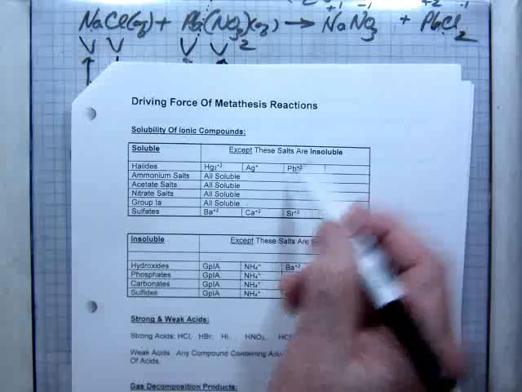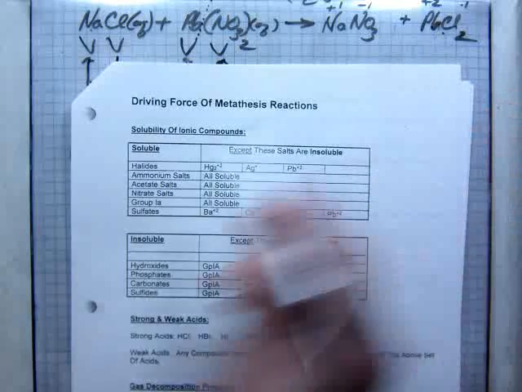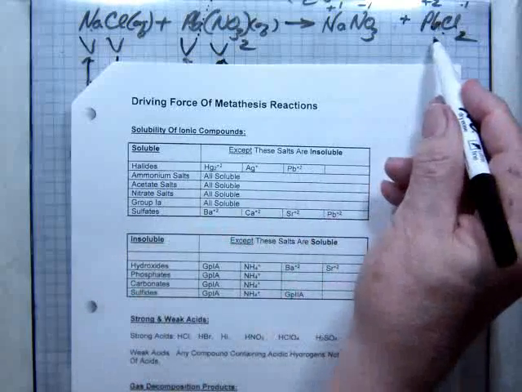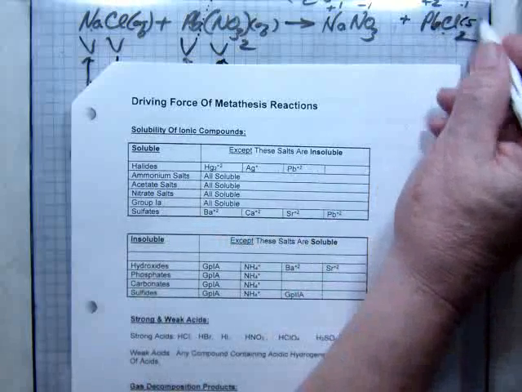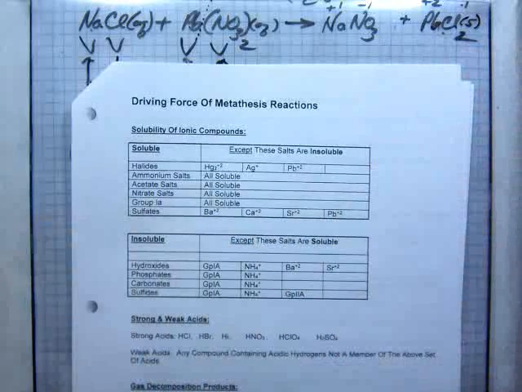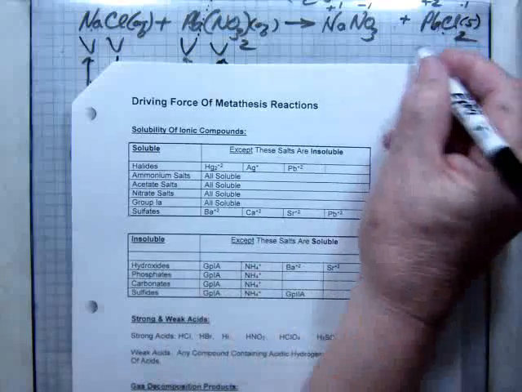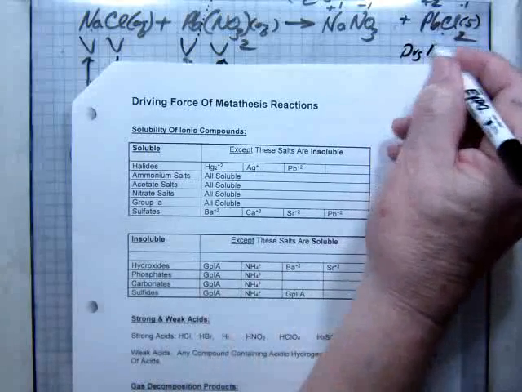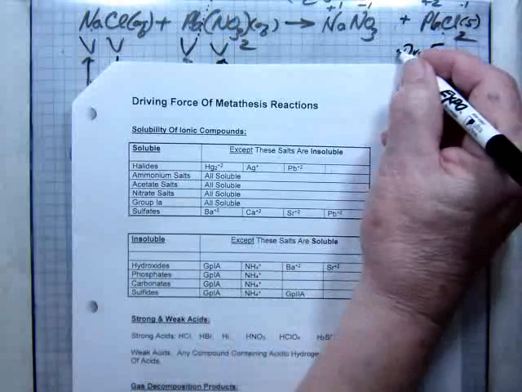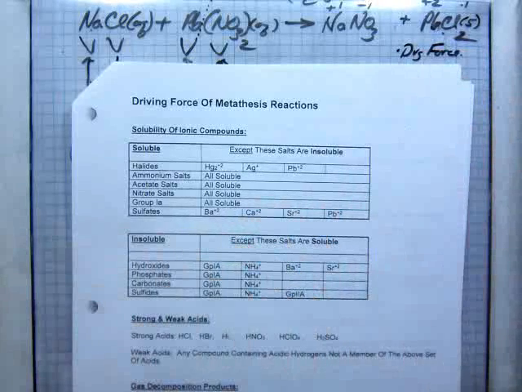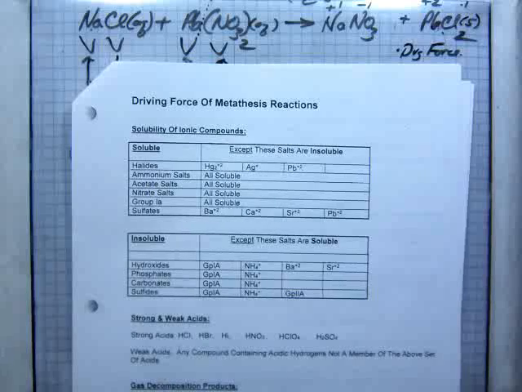So since lead is in that category, the exception, yes, you can put an S out here as a solid, as a precipitate, and is the driving force. This table will be attached to your exam, so you can use it to predict the outcomes.